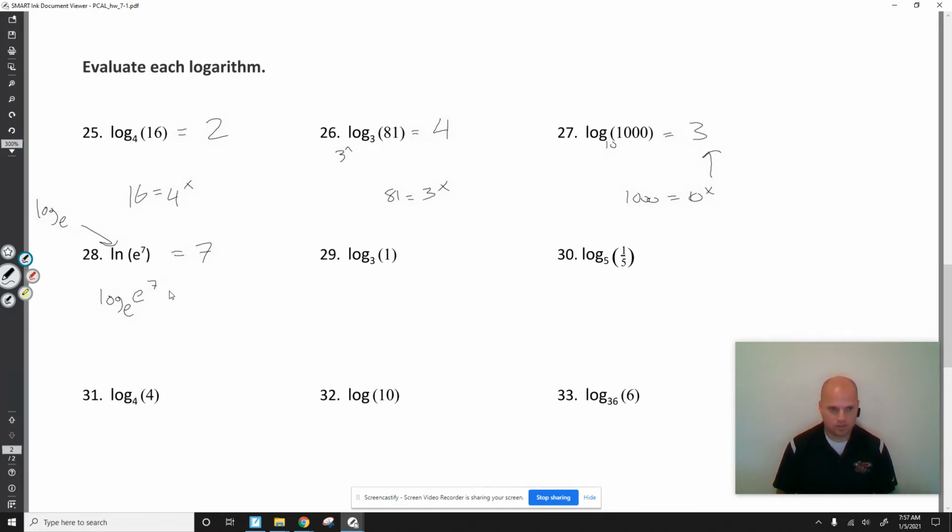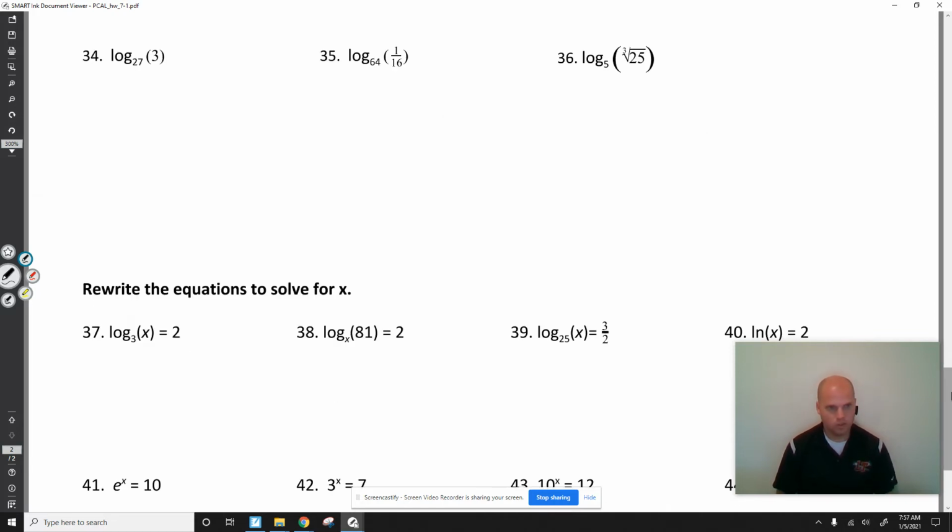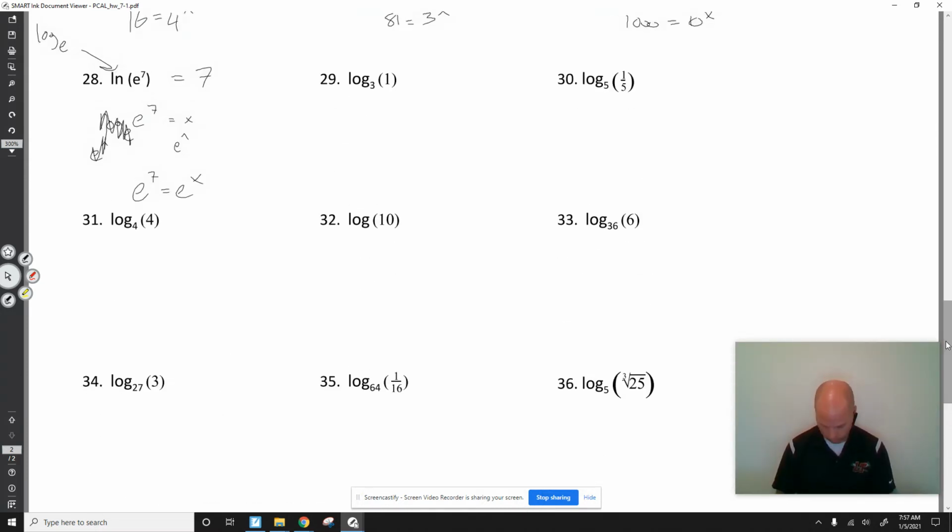Another way to do this is, if you have log base e of e to the 7th equals x, you take e to the power of both sides, and e to the log base e cancels, leaving you with e to the 7th equals e to the x. So obviously x has to be 7. You will see the natural log fairly frequently in this class and moving forward into calculus.